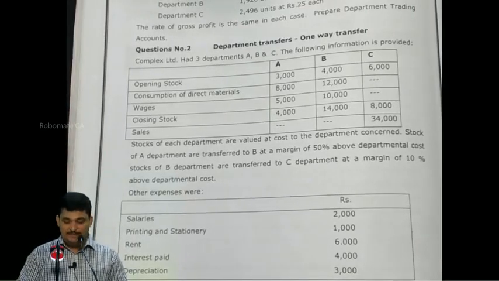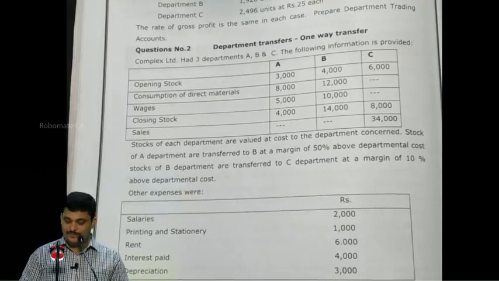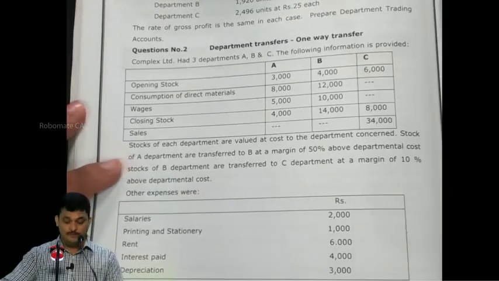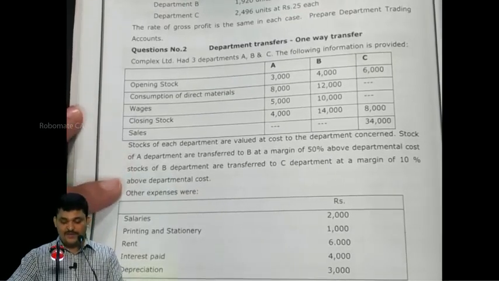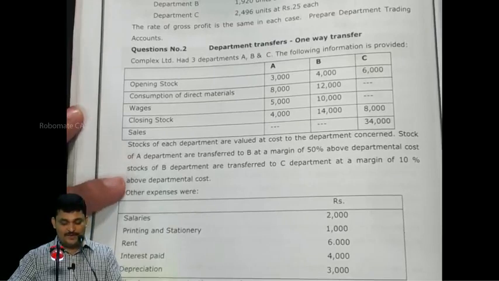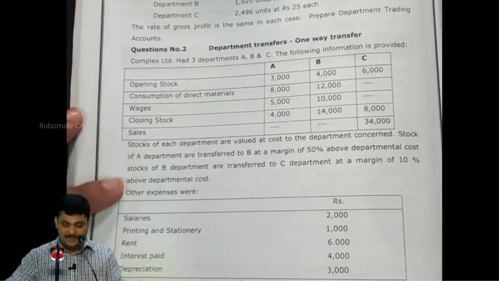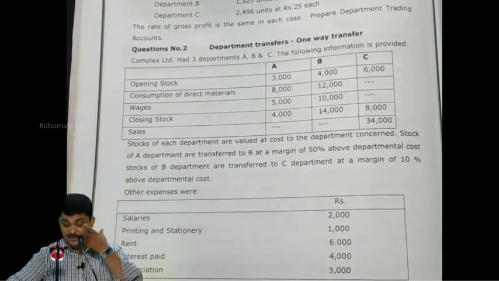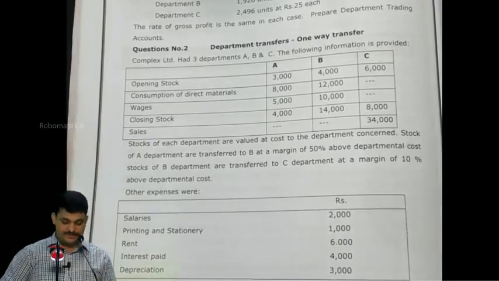Stock of each department is valued at cost to the department concerned. Stock of A department is transferred to B at a margin of 50% above departmental cost. Stock of B department is transferred to C department at a margin of 10% above departmental cost.